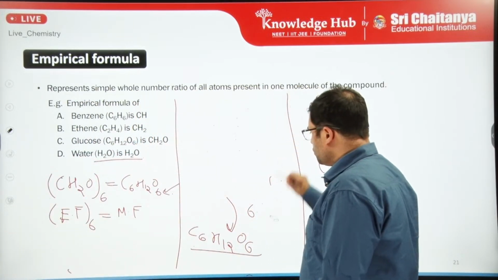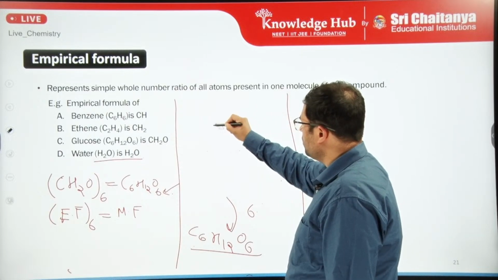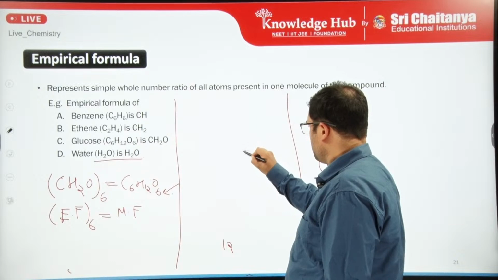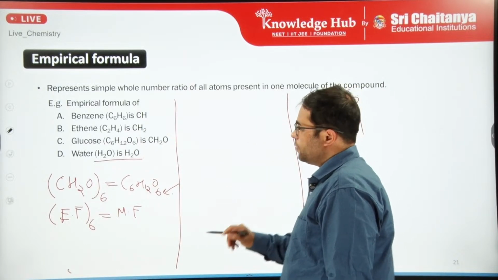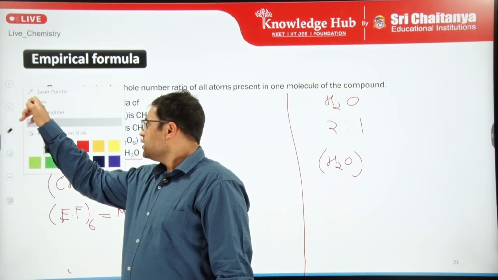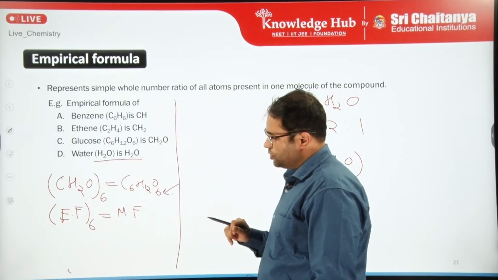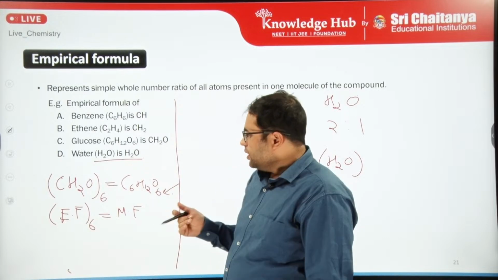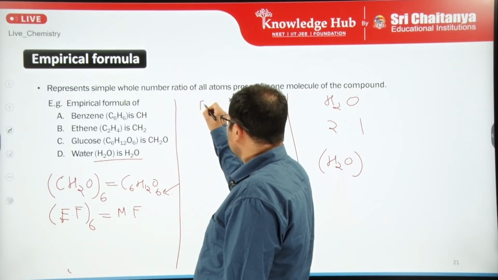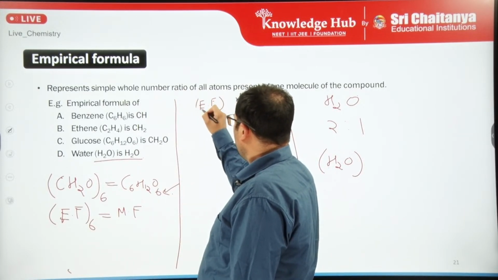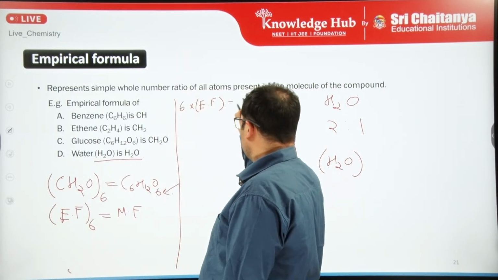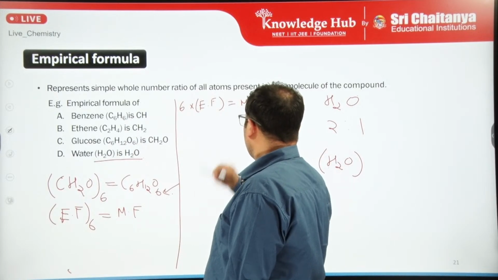Through this I am going to just derive a general relation. What is that general relation? Pay kind attention. So simply I can write this as empirical formula multiplied by 6 equals to molecular formula.